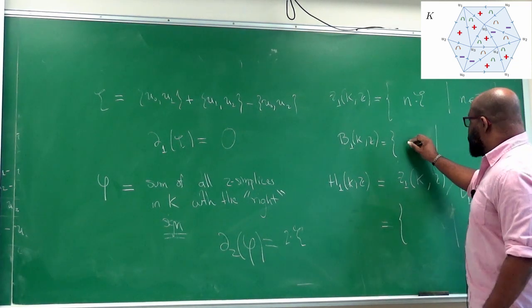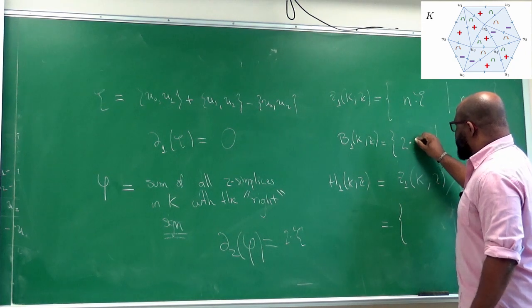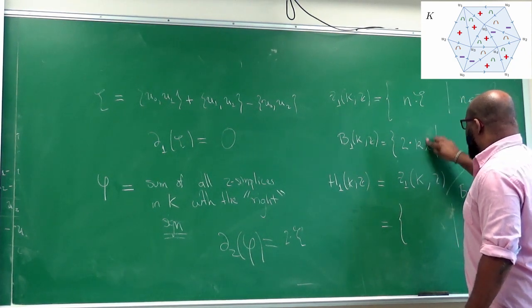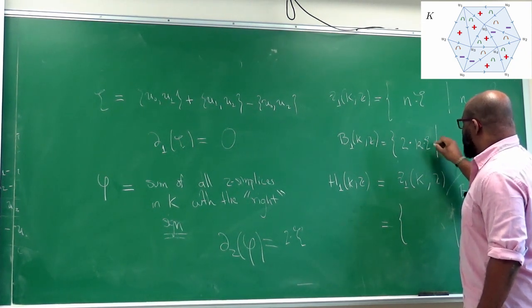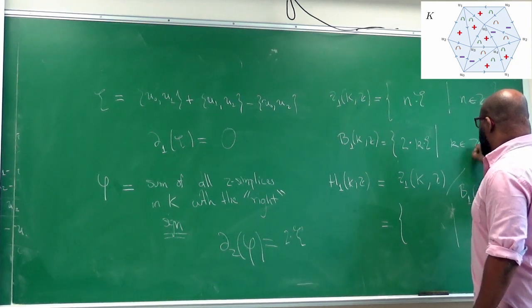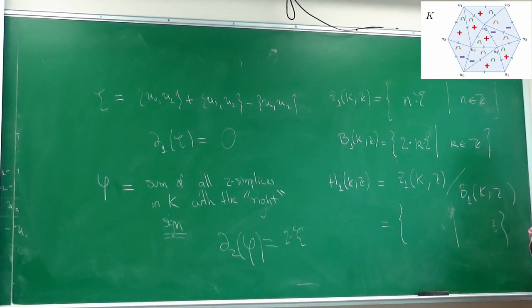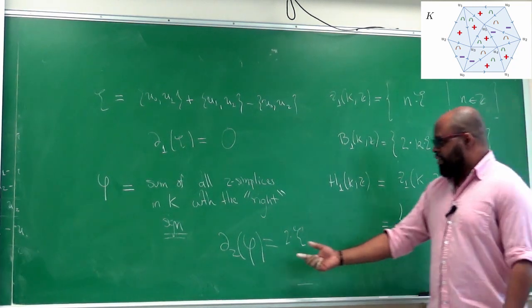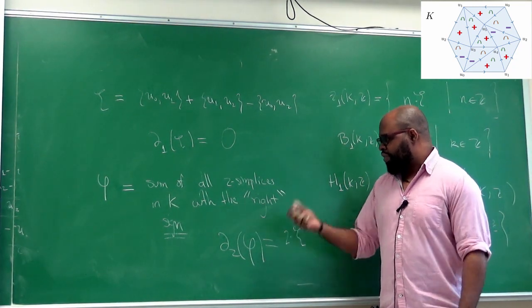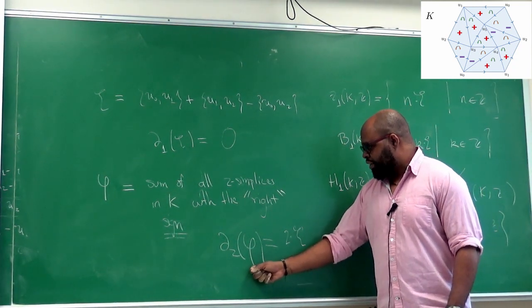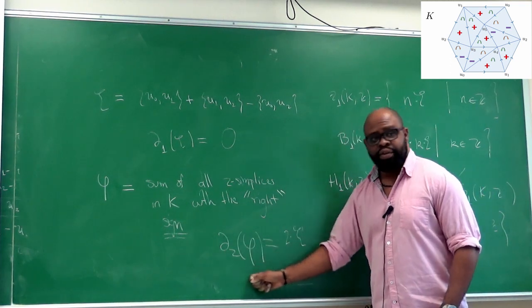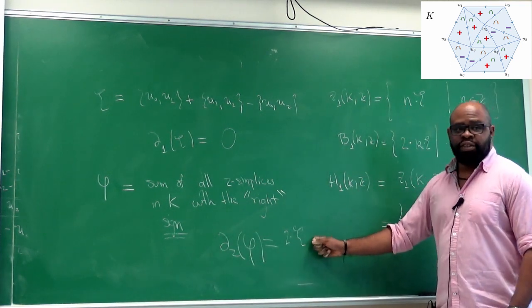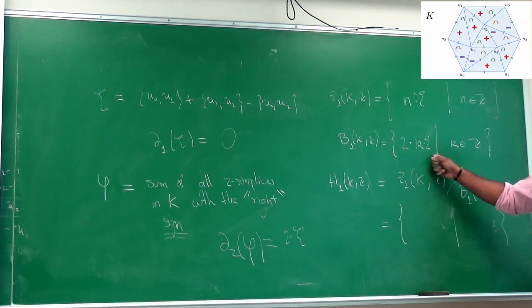So in fact, this looks like 2 times kZ, where k is in Z. Right, because again, by looking at the matrix reduction, one can see that you only get multiples of this guy, which is just 2 times zeta, which is this.